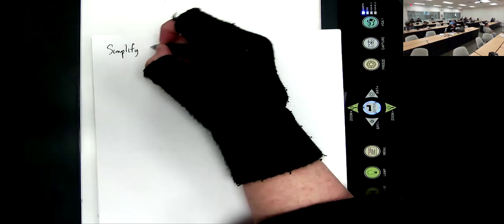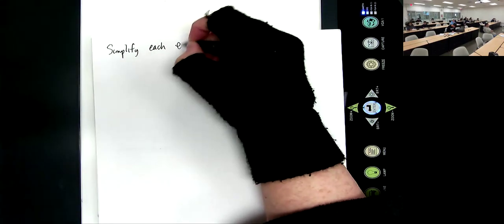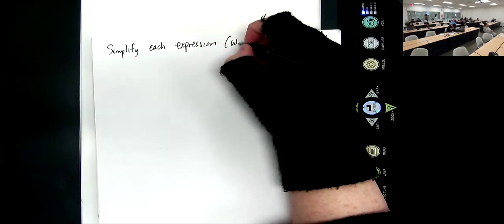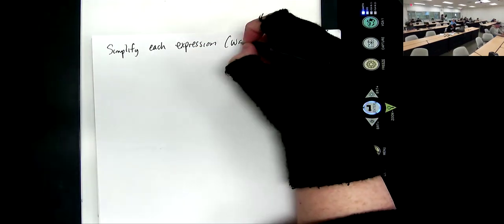Alright, so let's simplify each expression, i.e., write it in as few terms as possible.